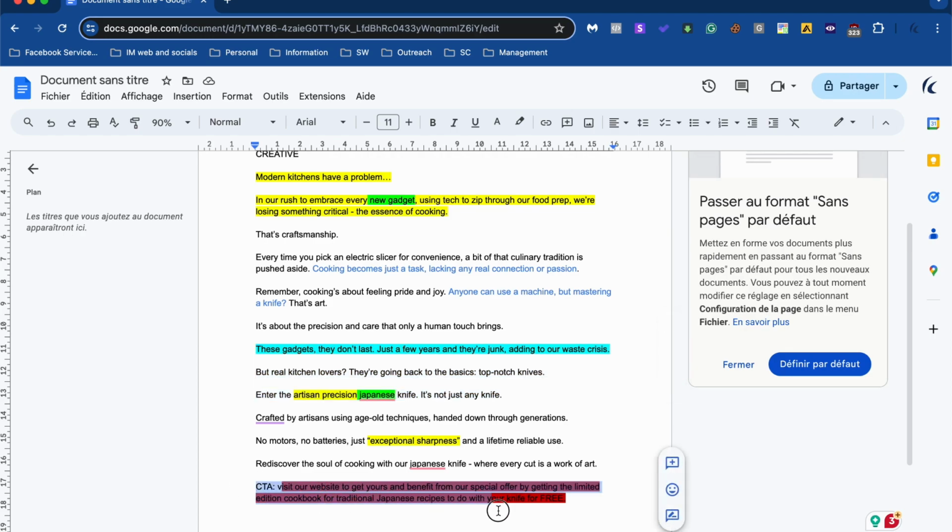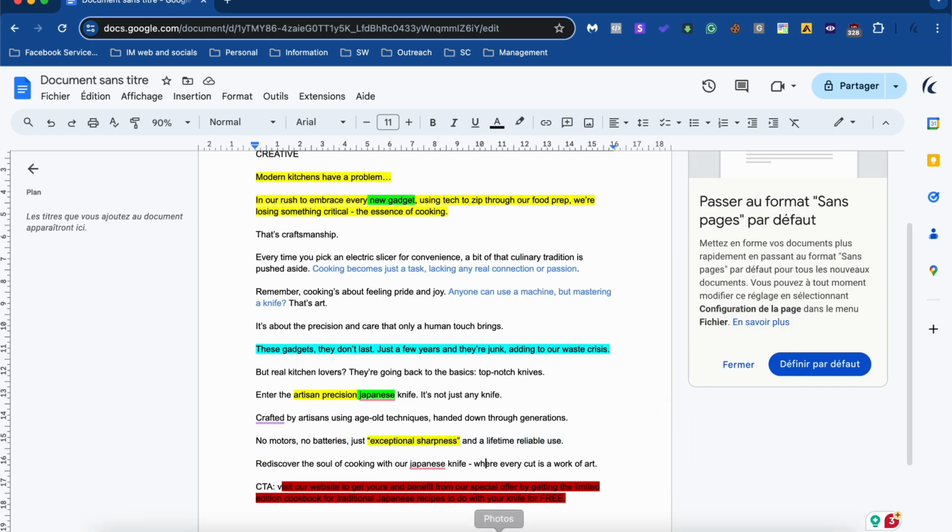And here you give a reason to buy your Japanese knife, only yours. And everything is suggested. Here it's a Japanese knife, but it's not just any knife because it's your knife. Your knife has been crafted by artisans using age-old techniques and recognized by your customers as having exceptional sharpness.